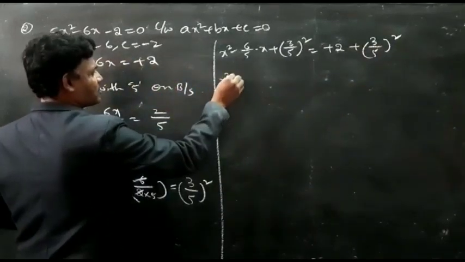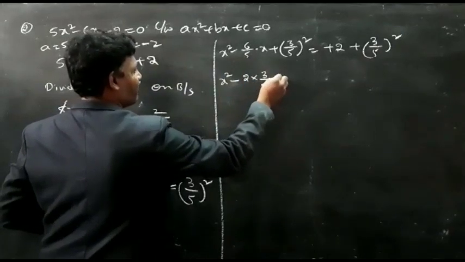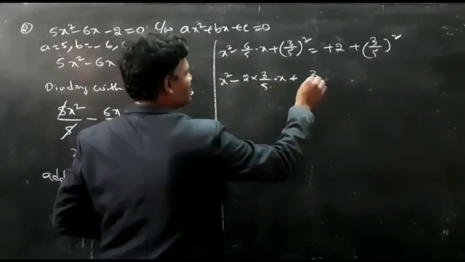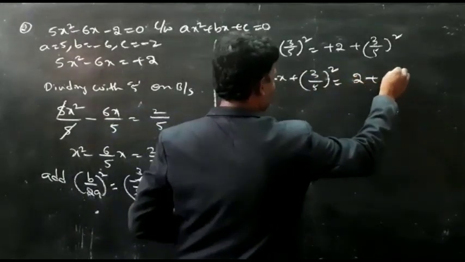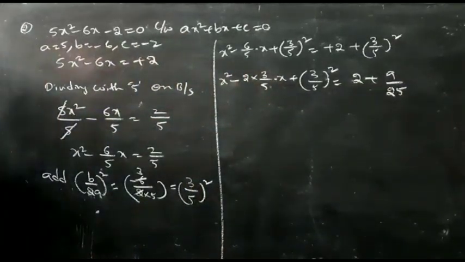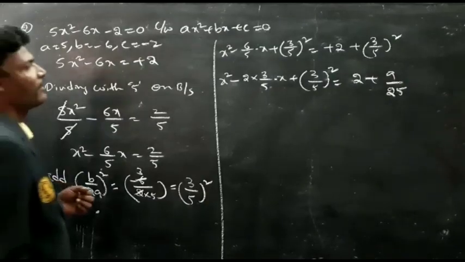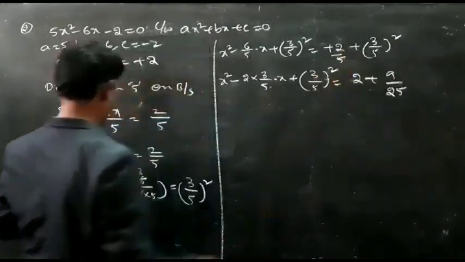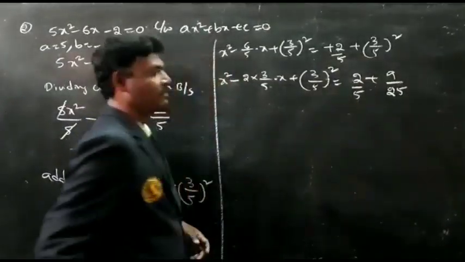Here, for x square and 6 by 5, we can write 2 into 3 by 5 into x, plus 3 by 5 whole square is equal to 2 plus 9 by 25. That is, 2 by 5 plus 9 by 25.